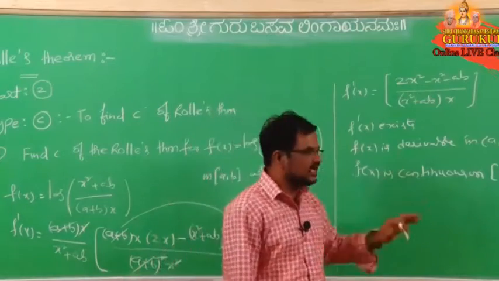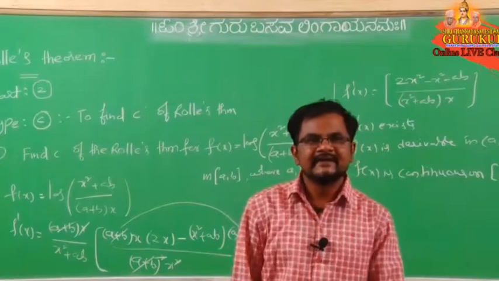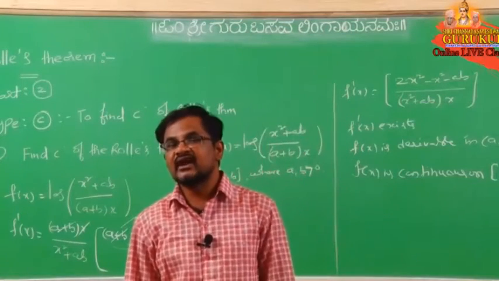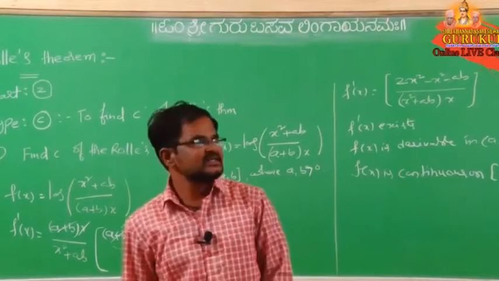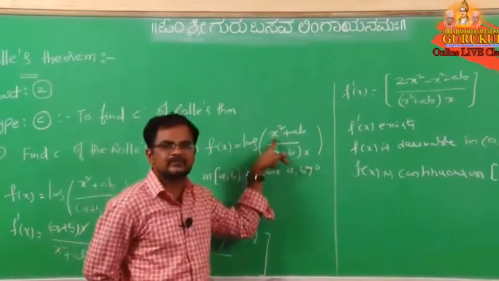So two conditions of Rolle's theorem are satisfied. And what condition remains? F of a equal to f of b. Substitute a in this one. If you substitute, what will we get?